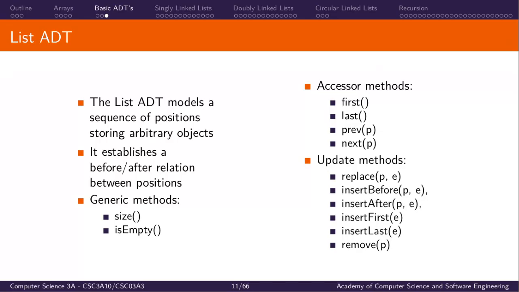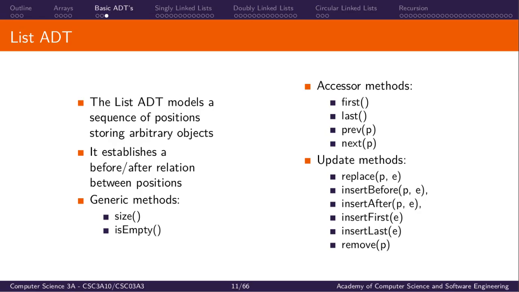Previous p, give me a reference to p, I just return p dot previous. Great. Next p, given a reference to p, I simply return p dot get next or p dot next if I have direct access to it. Replace p e, that's very simple.